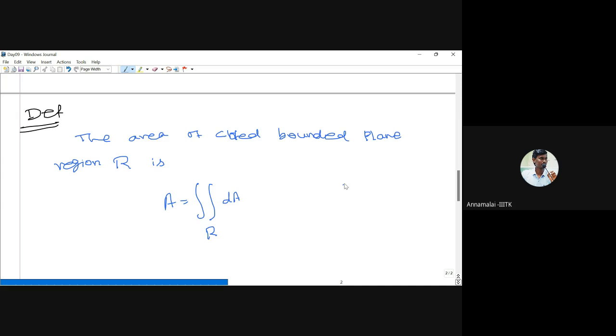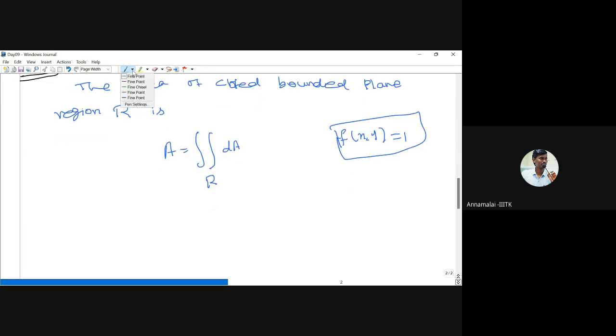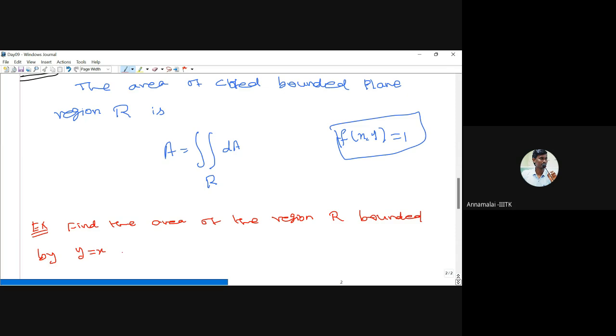So actually we are taking the function f of x comma y equal to 1. Now, for example, find the area of the region bounded by the line y equal to x and the parabola y equal to x square in the first quadrant.